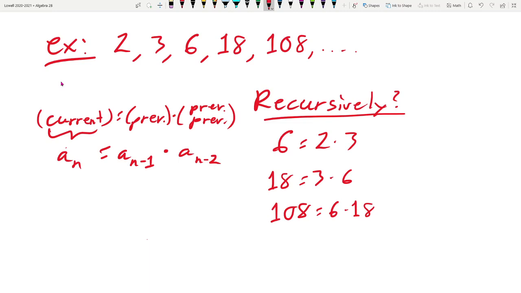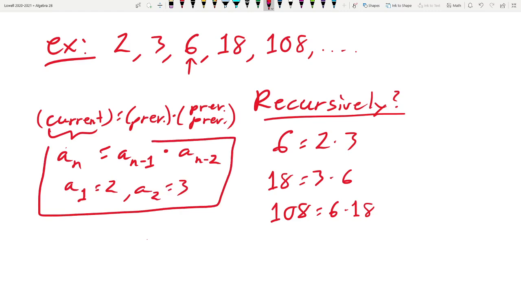Again, remember that if we're going to do this, we need to know not just one starting point now, because you couldn't get the third term without knowing the first two. So you need two starting points here. So we need to also add in that a sub 1 is equal to 2, and a sub 2 is equal to 3. So this together will give you your recursive equation for this sequence.